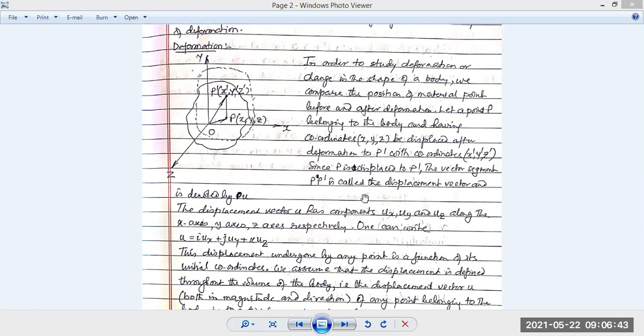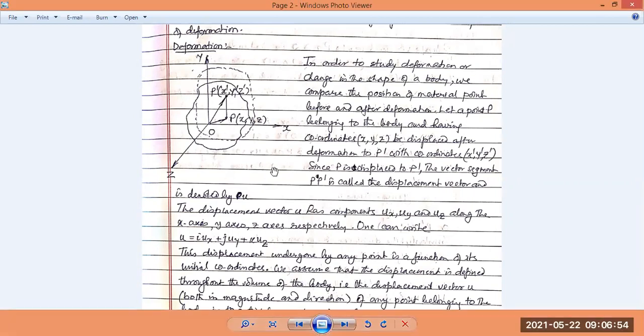Now, this displacement of P to P dash, that is the displacement vector PP dash, is generally denoted by the small u, the displacement vector.